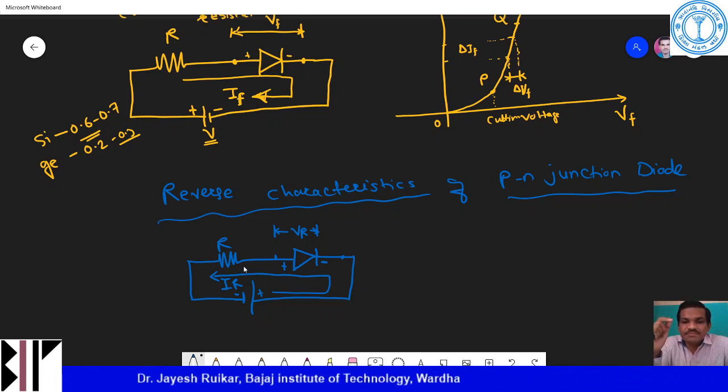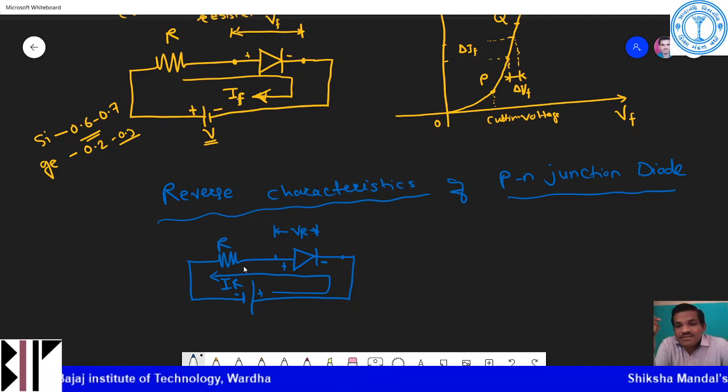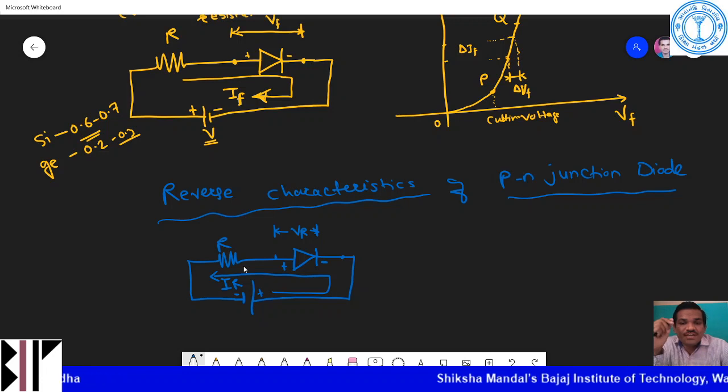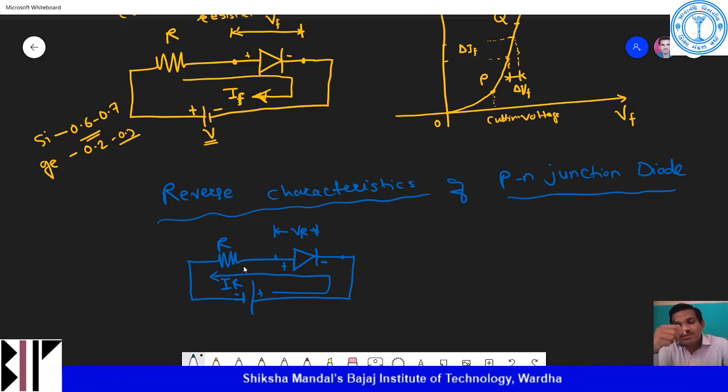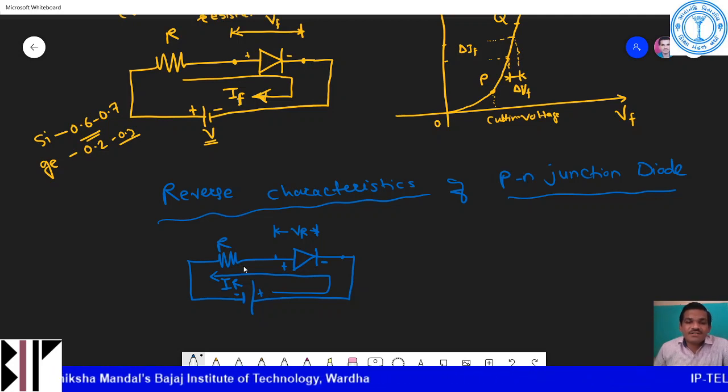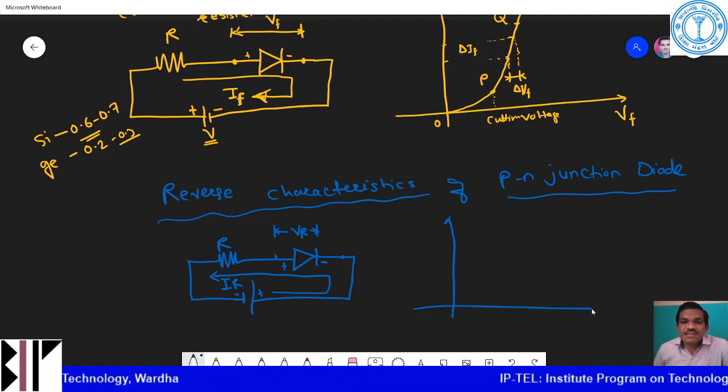Here you can consider the reverse voltage across the diode, that is your VR, and the current flowing is the reverse current IR, which is flowing due to the minority charge carriers. Then we can draw the IR versus VR curve.